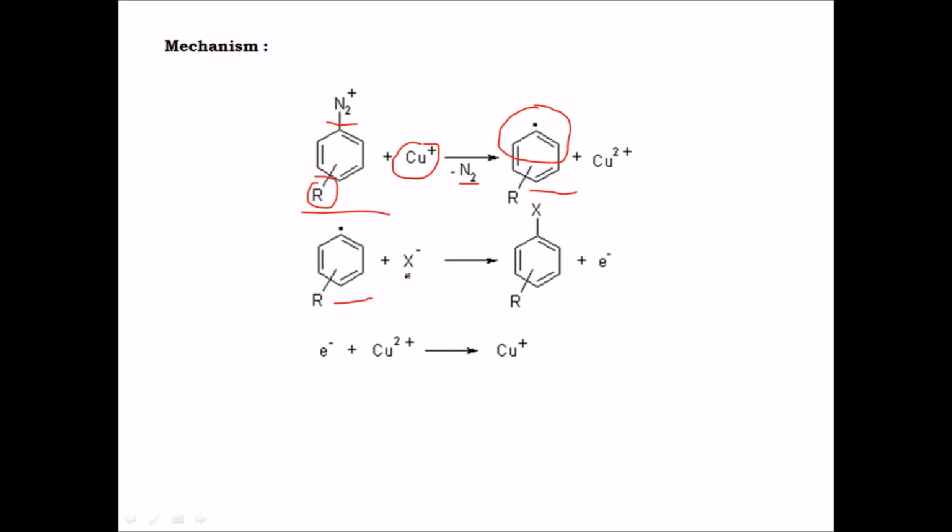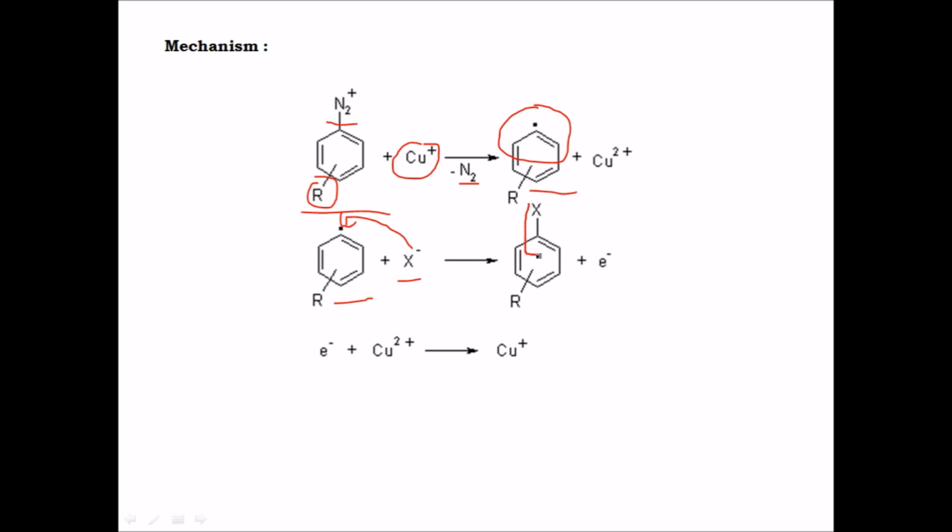Once you get this free radical, the next step is the reaction with the counter ion of the Cu plus, the halide X minus. This halide will attack, and simultaneously, as this carbon has only one electron, one electron is eliminated so that it forms a bond with this carbon.